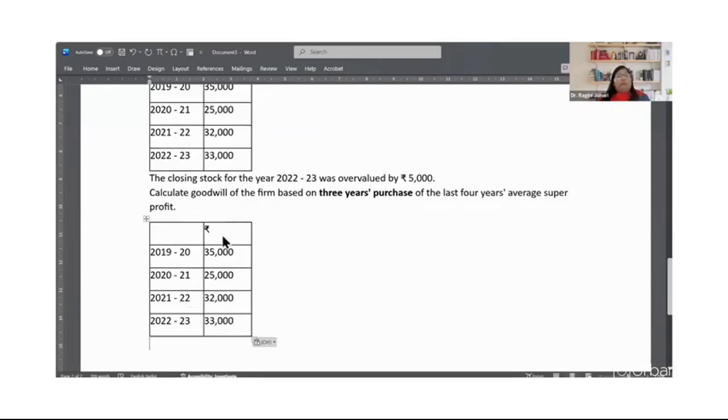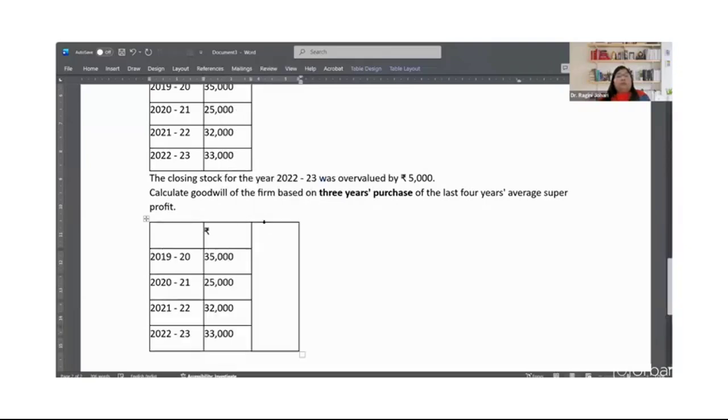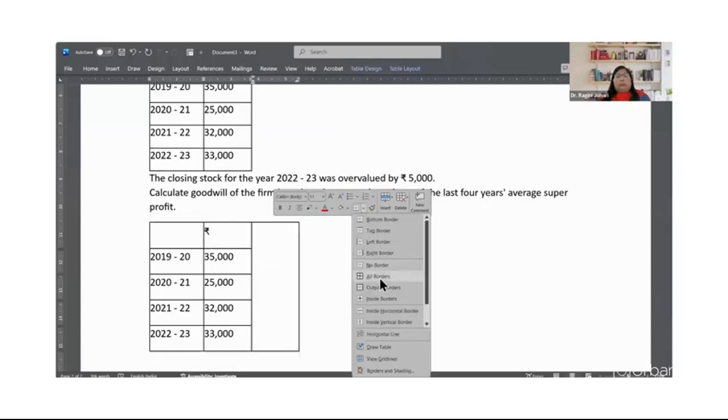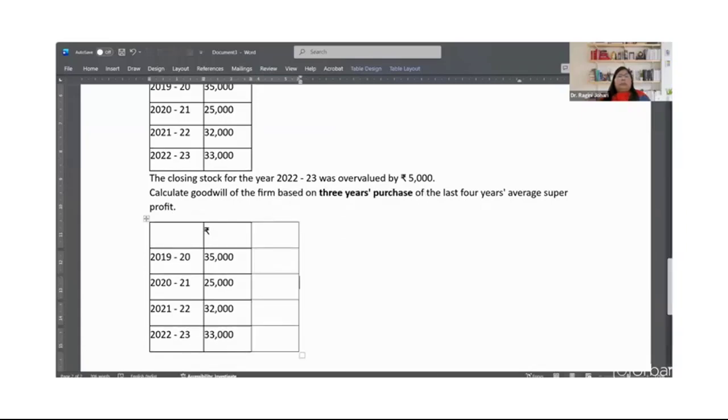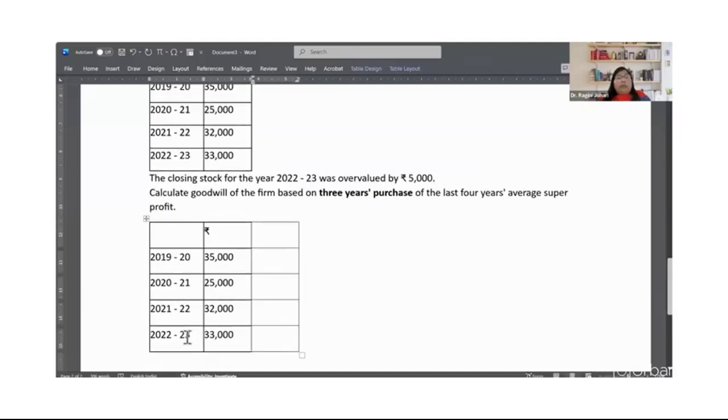Now, this says for year 2022-23, the profit was overvalued, right?